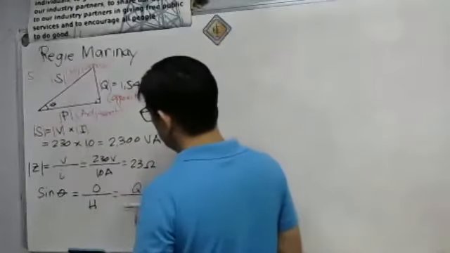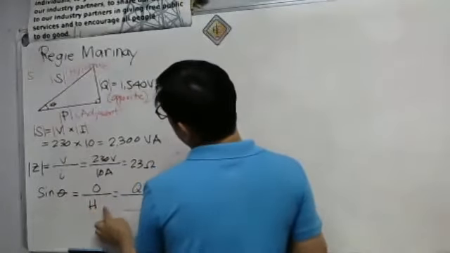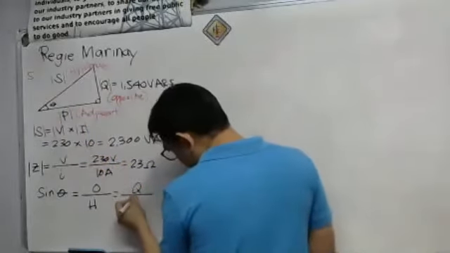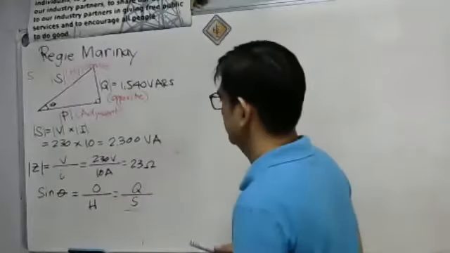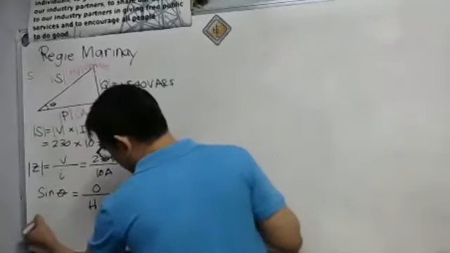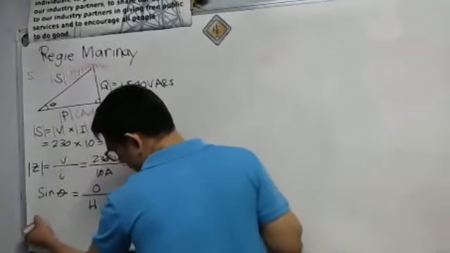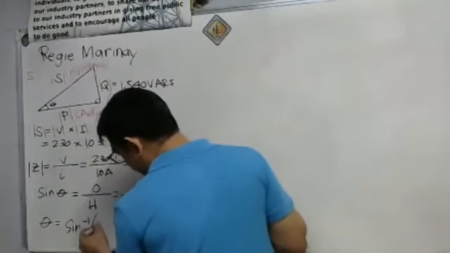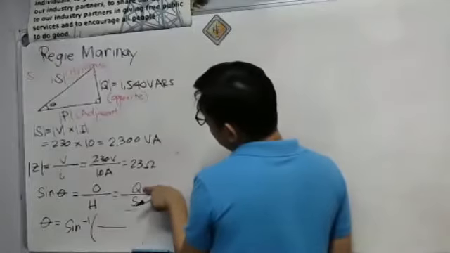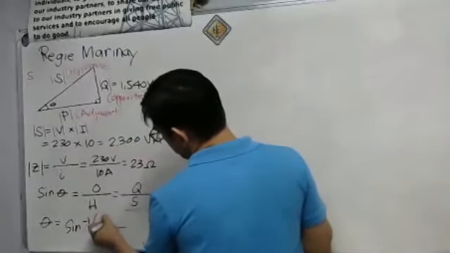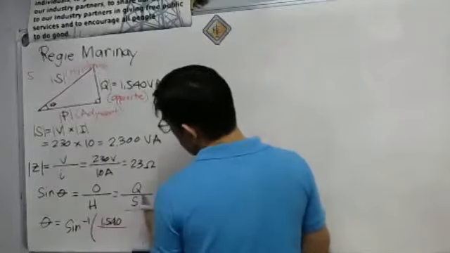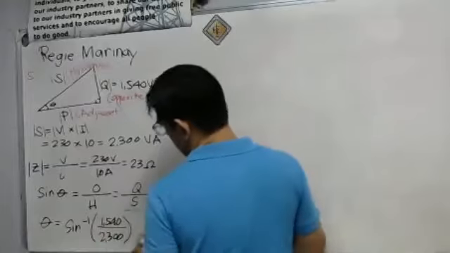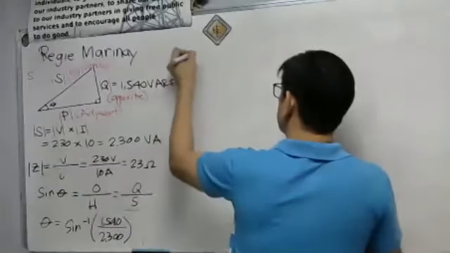So sine theta is the opposite over the hypotenuse. The opposite is Q over the hypotenuse S. Then we can now solve directly for our theta. That will be the arc sine of Q, that is 1,540, over S, which is 2,300.